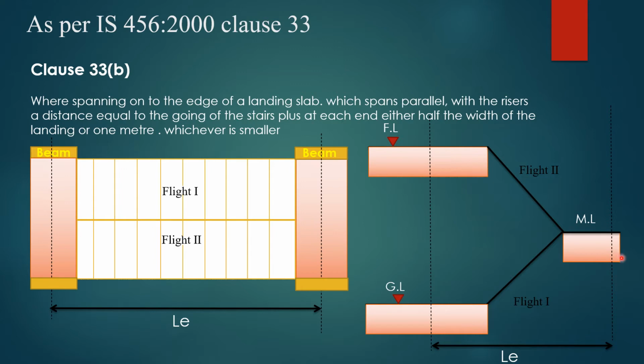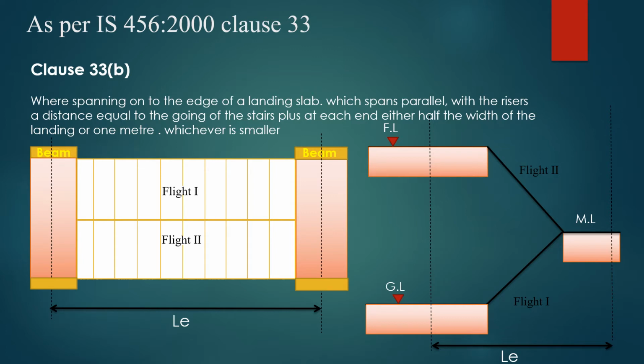This is the beam at the mid landing, this is the beam at the ground level, and this is flight 1 and this is flight 2. What is said? The going of the staircase plus half of the width at this point, half of the width at this point gives the effective length of the staircase, or 1 meter, whichever is the smaller.